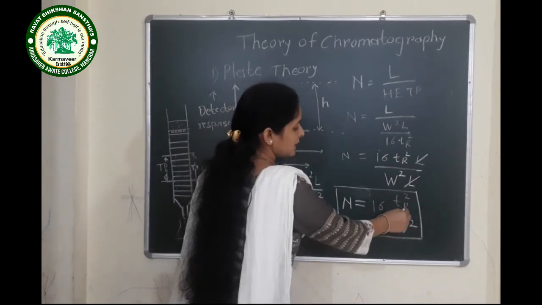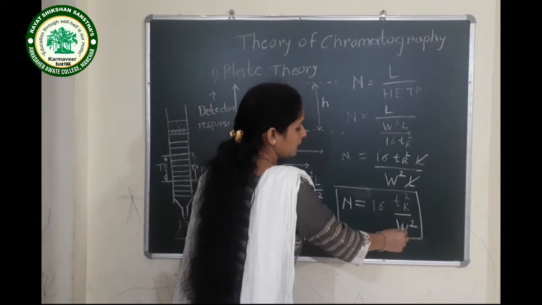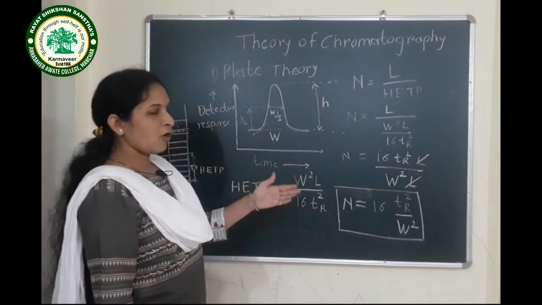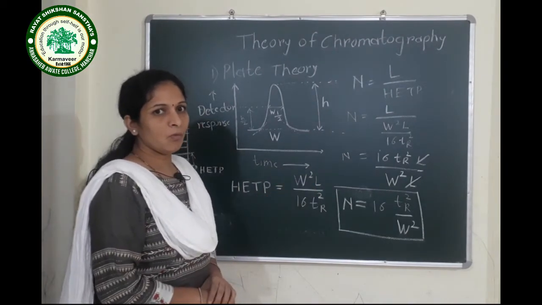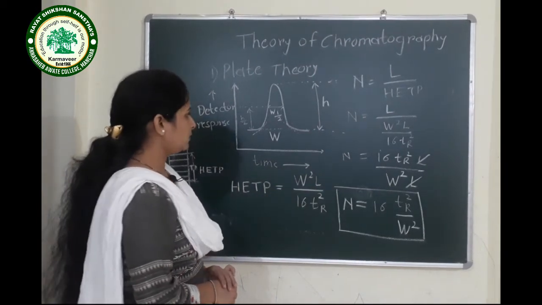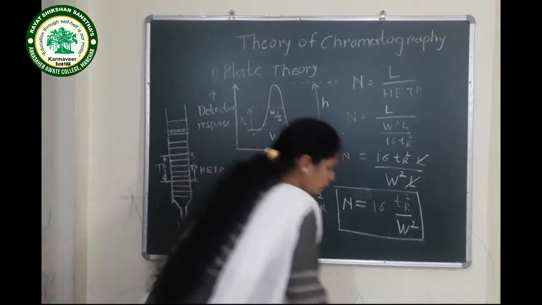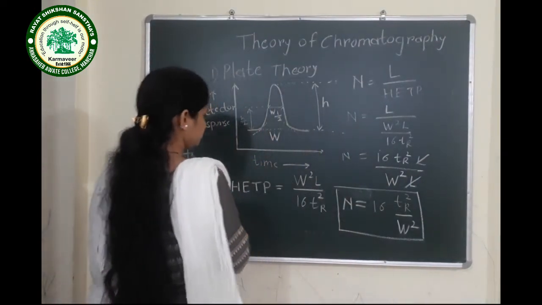What is TR? TR is the retention time and W is the width of the peak. Now this is for the symmetrical peak. Now what is for unsymmetrical peak? Now for the unsymmetrical peak, this equation will not follow. Okay.